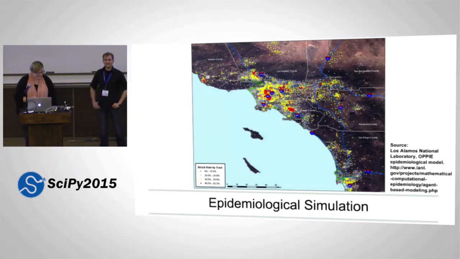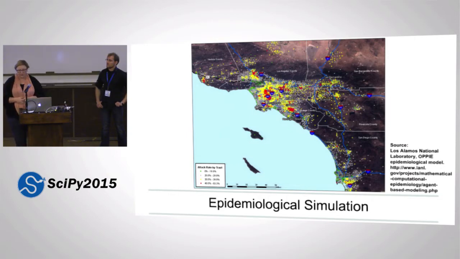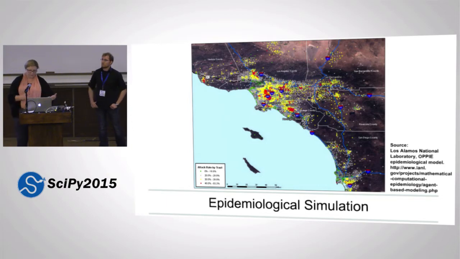And then a higher level, complex one-to-one simulation from Los Alamos National Lab is an epidemiological simulation where it shows infectious disease, uses census data and clinical locations, along with road networks and the way people move.